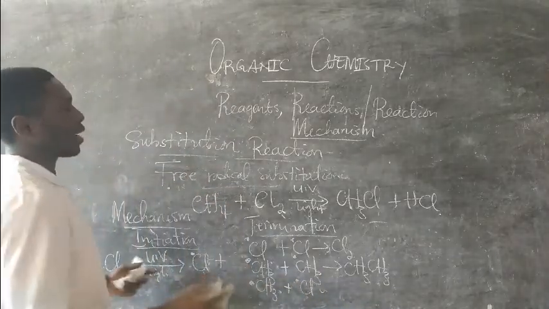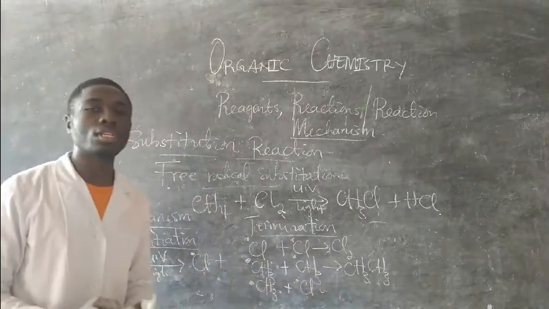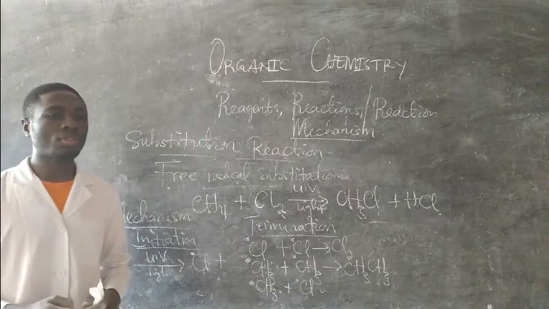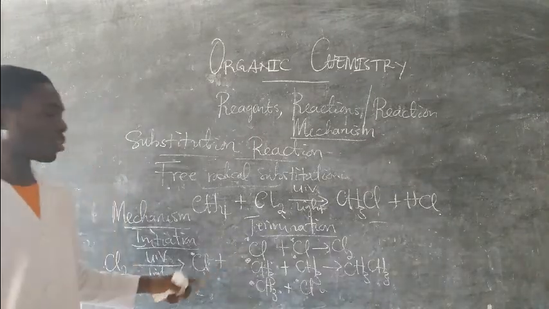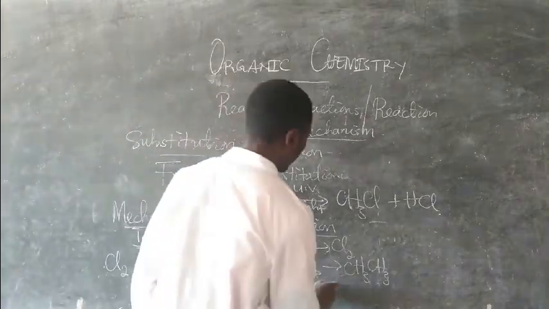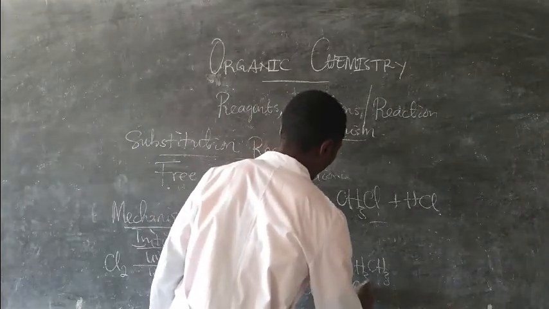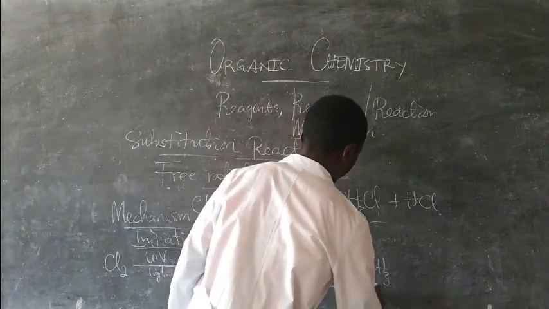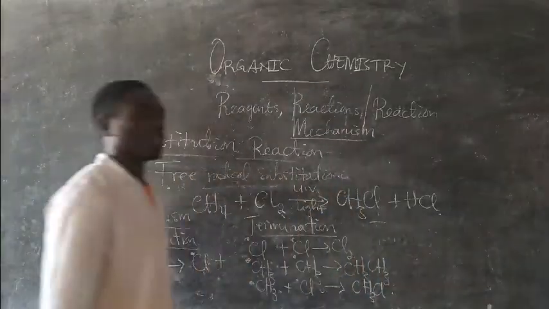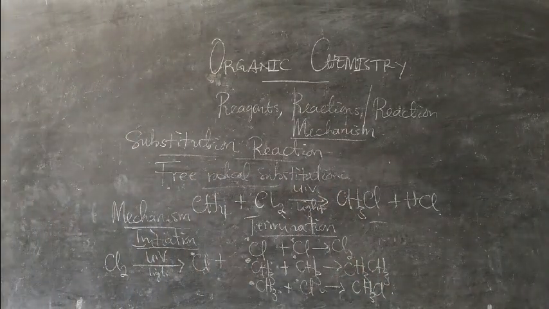You just see radicals are simply combining in this stage in order to give us molecules. In this stage, radicals are combining to give us molecules. So CH3 radical combines with Cl radical to give us CH3Cl, and that is it for the reaction mechanism for free radical substitution reaction.